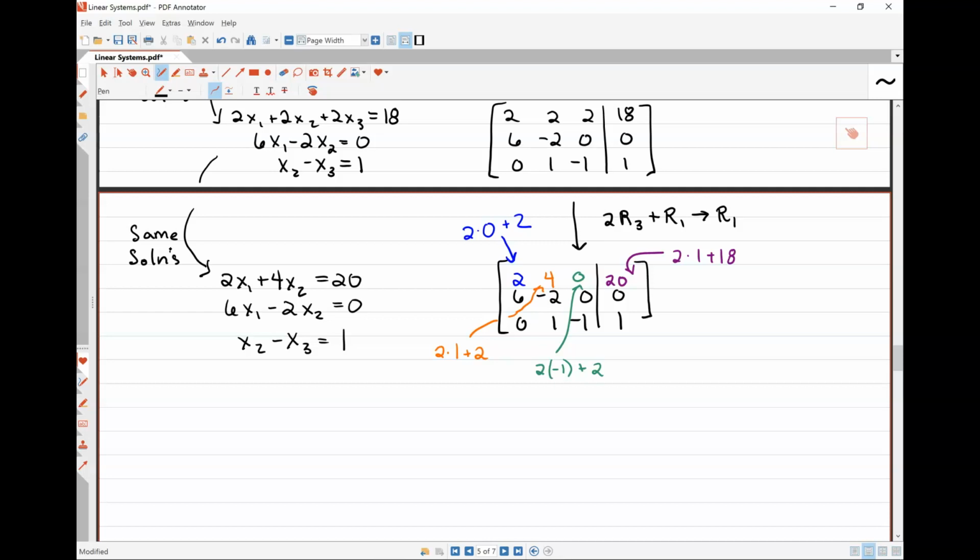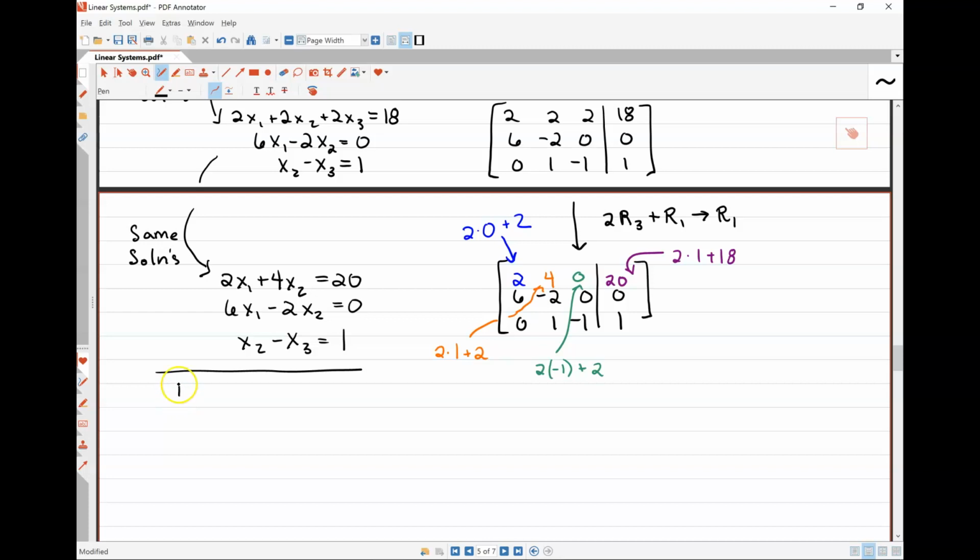Because remember, sometimes you could solve a system of linear equations by multiplying one of them by a number and then adding or subtracting it to one of the other equations. That is exactly what we're doing here with this augmented matrix and this kind of transformation. So that's what all of this boils down to.